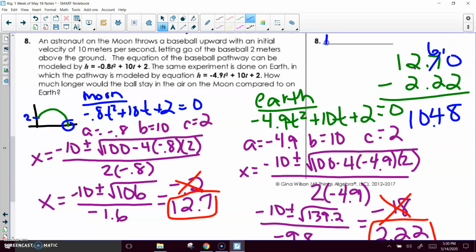And I find that due to gravity, the ball is going to stay in the air 10.48 seconds longer on the moon than it will be on Earth. Congratulations, you've made it to the end.